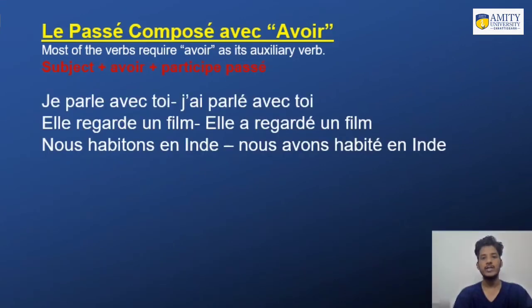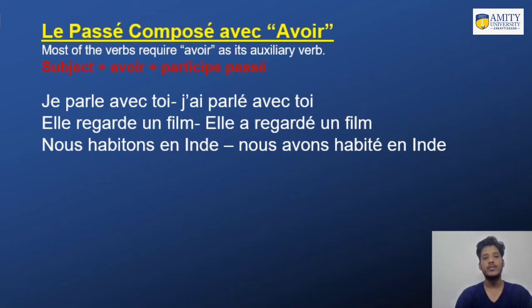So here you can see some examples. Je parle avec toi. I am talking with you. What is the subject? I. And what is the verb? Talk, talking. So to talk. How to make the sentence into passé composé?